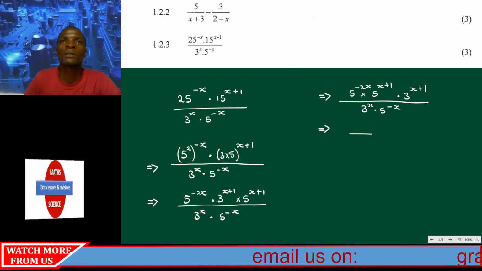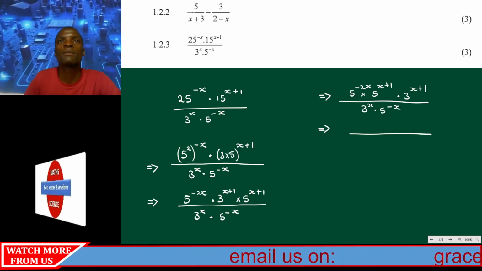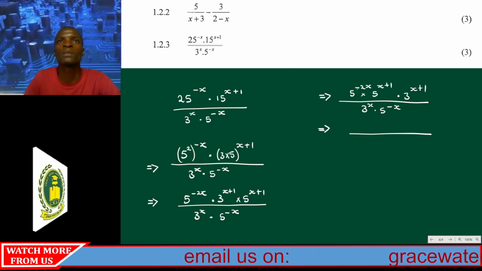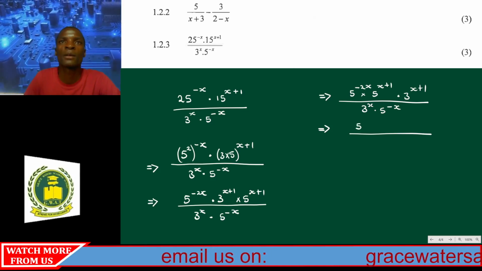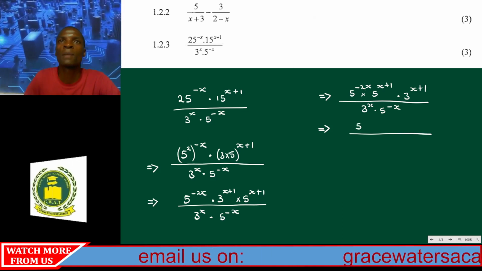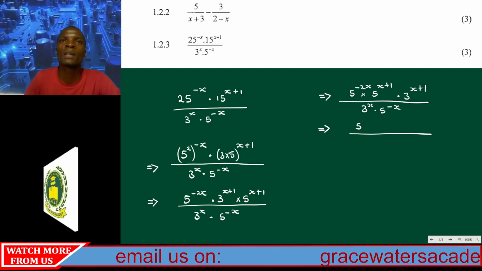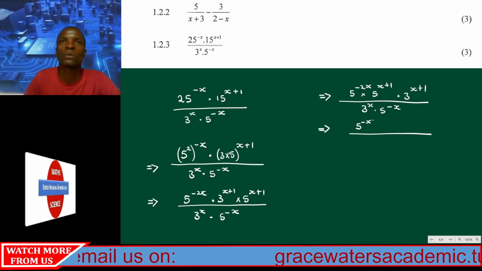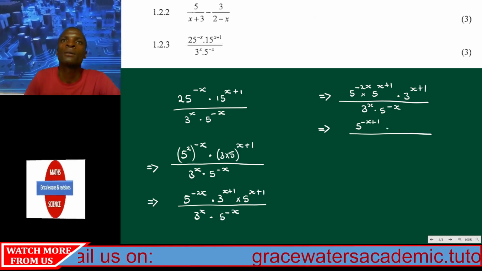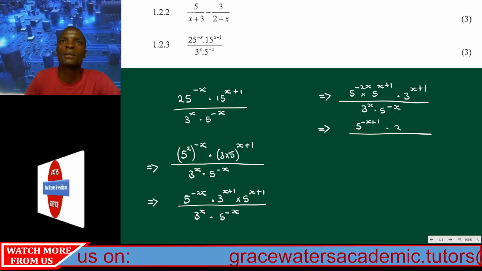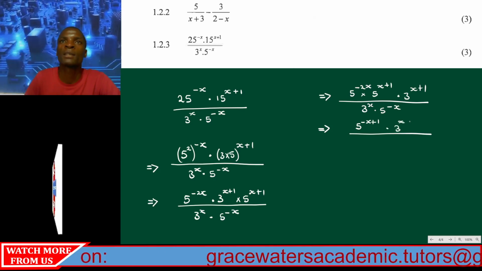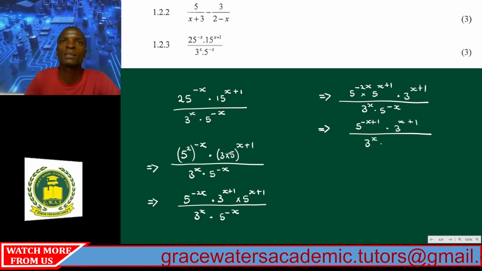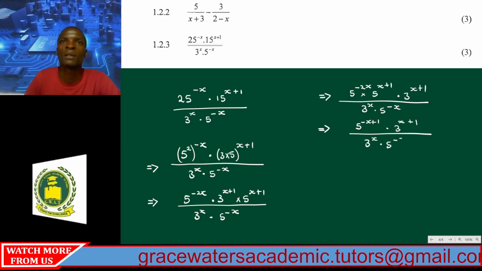Now we are going to simplify these two. According to the laws of indices, we add the powers, meaning we have 5 to the power of minus 2x plus x plus 1. This becomes minus x plus 1, multiplied by 3 to the power of x plus 1, and then remember the denominator, 3 to the power x and 5 to the power negative x.